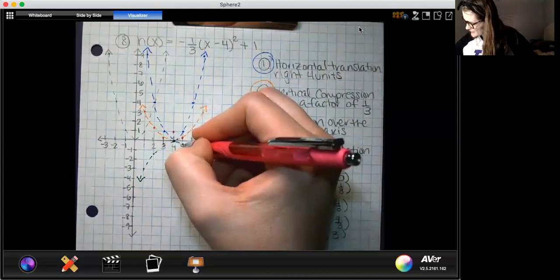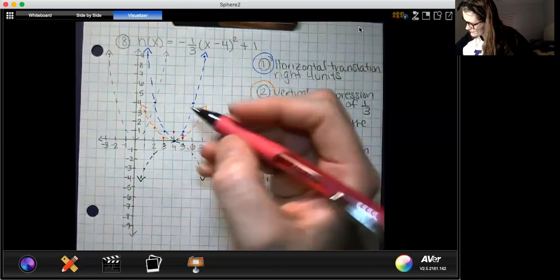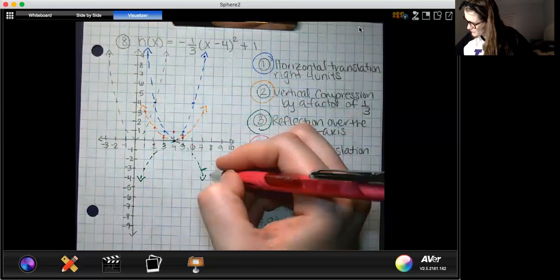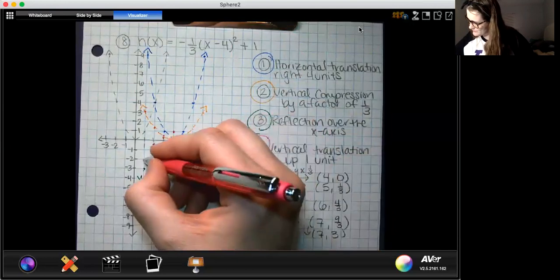It's getting a little crazy in here with all these points, which is why it's helpful to have those colors.